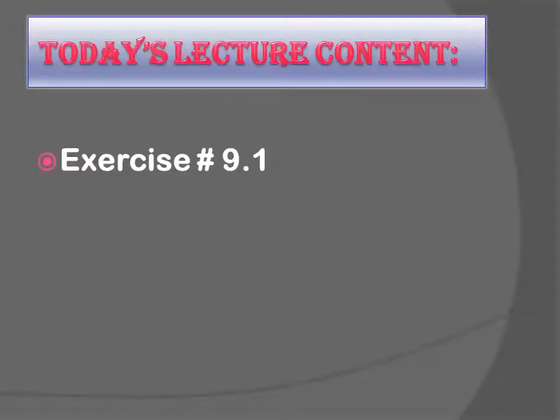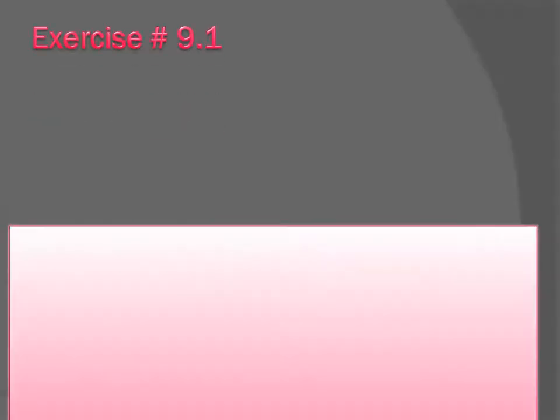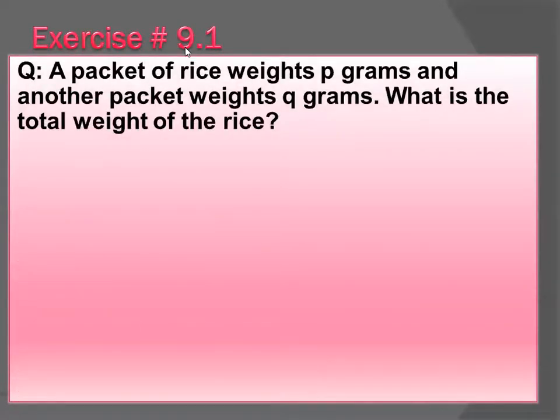What we are going to revise today is the word problems from exercise number 9.1. The first word problem is: a packet of rice weighs p grams and another packet weighs q grams.